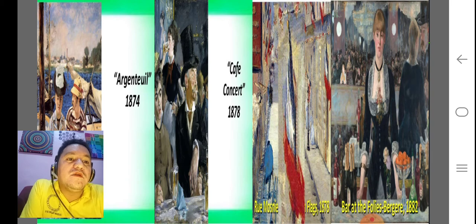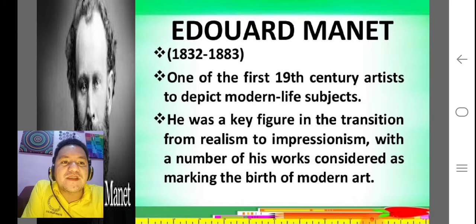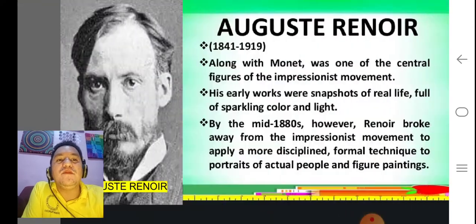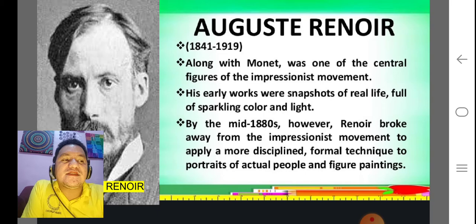And then the girl was serving wine or a beverage. So it talks about modern life. It depicts modern life subjects. That is Edward Manet.